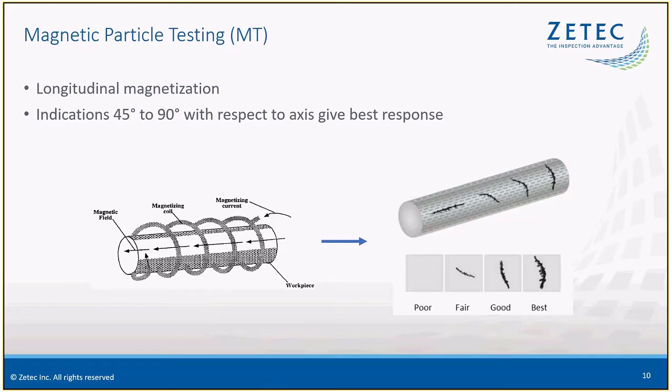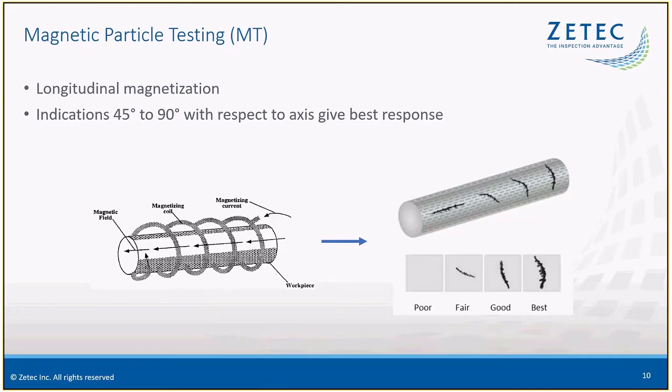So you apply a circulating magnetizing current to create a flow of current through the part, and this allows you to resolve indications or cracks that are perpendicular to that current flow, because then the current will flow around those cracks.